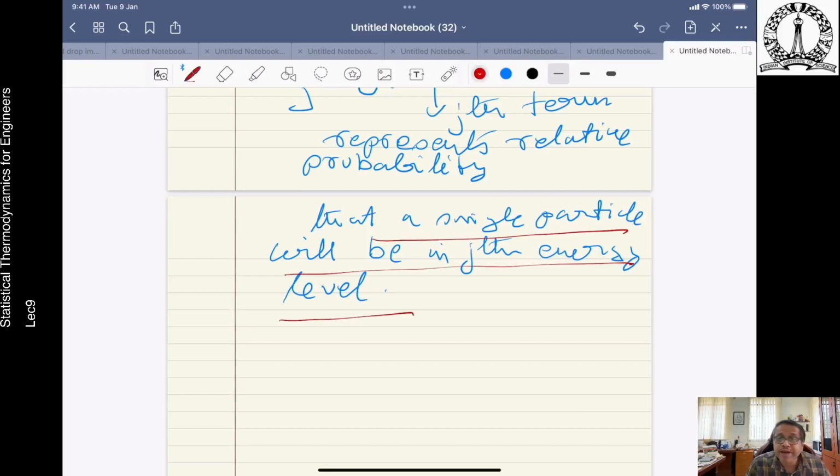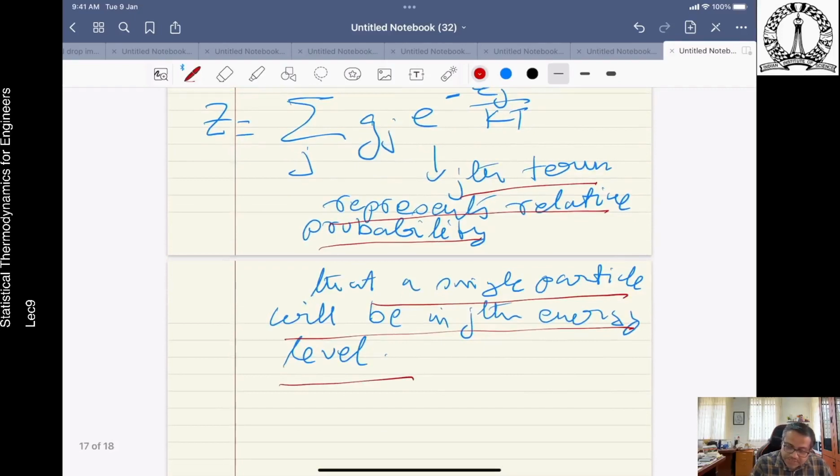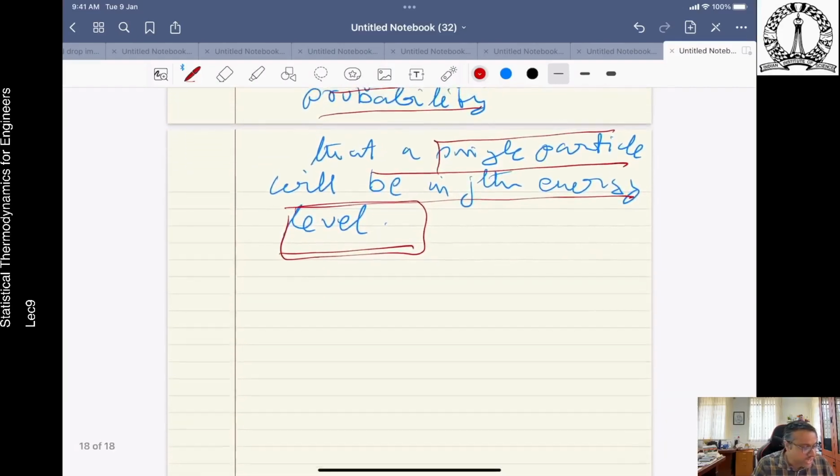So the jth term in terms of physical interpretation represents the relative probability that a single particle will be in the jth energy level. That is how you should interpret it.